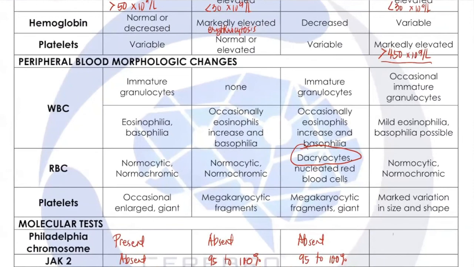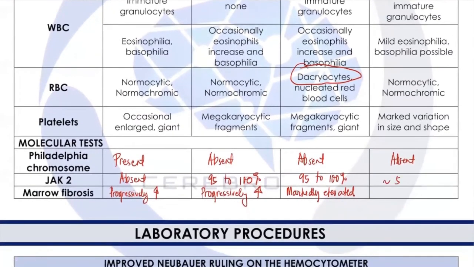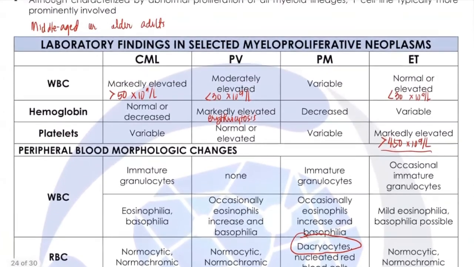Okay, and Philadelphia chromosome is absent. JAK2 mutation is seen in approximately 55% of the cases, and marrow fibrosis is progressively increasing. So far yan po yung ating mga myeloproliferative neoplasms.